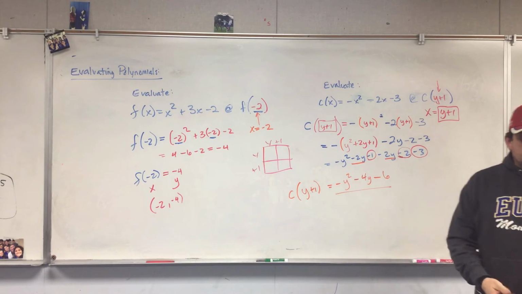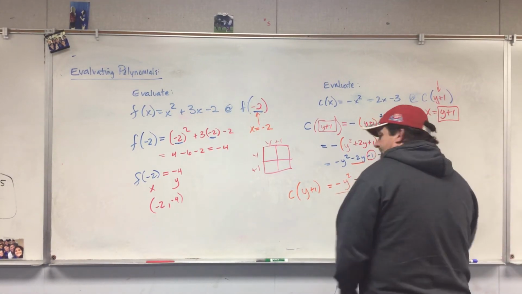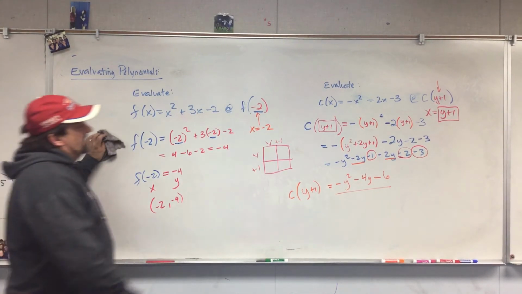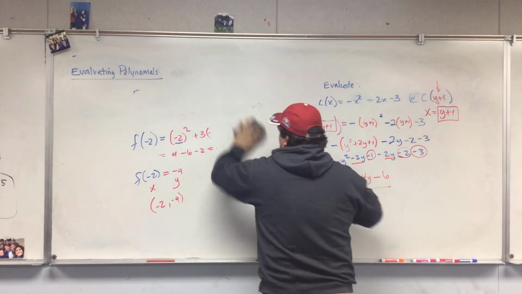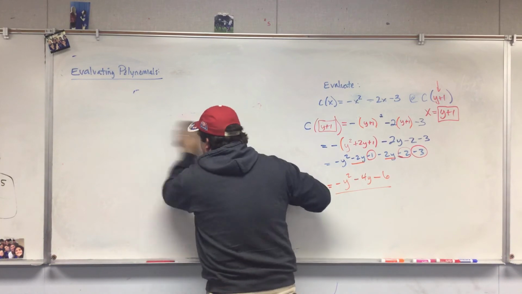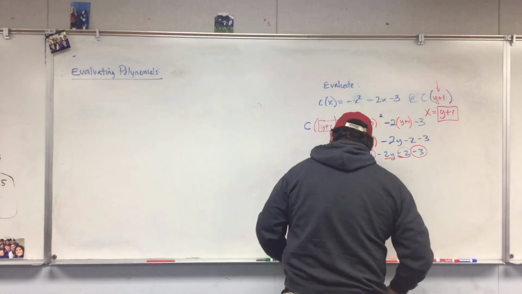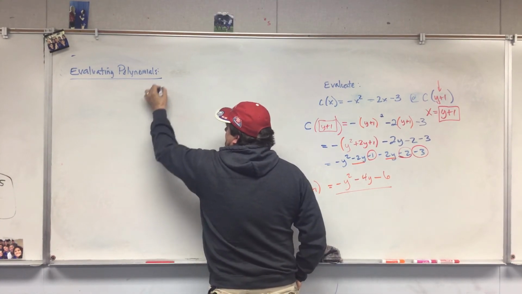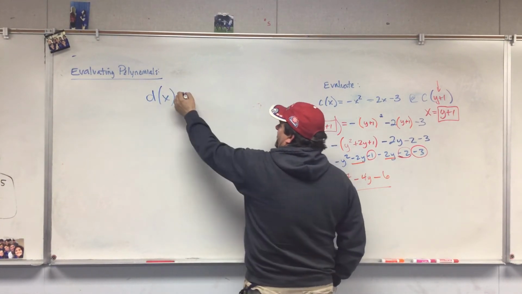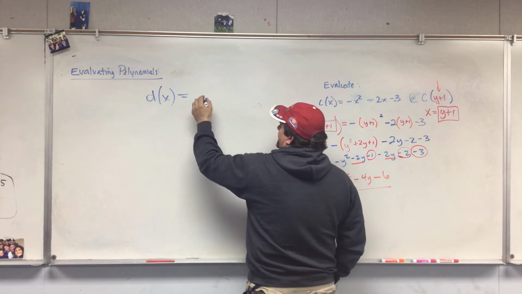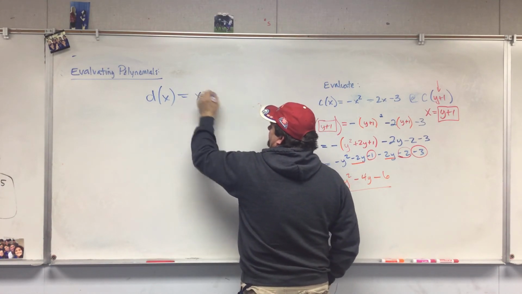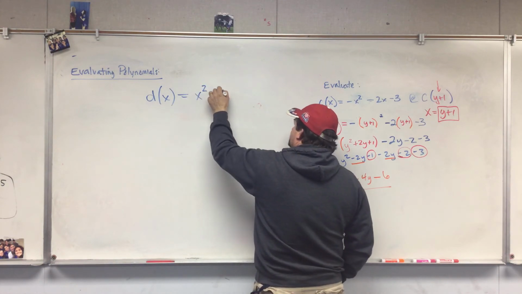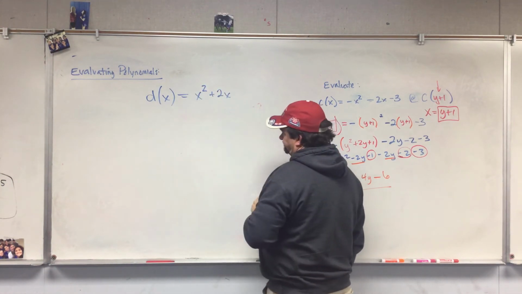All right, so now let's do another one real quick. So we're going to take this concept here, and we're going to do something else with it. So let's imagine that the function d is x squared plus 2x.